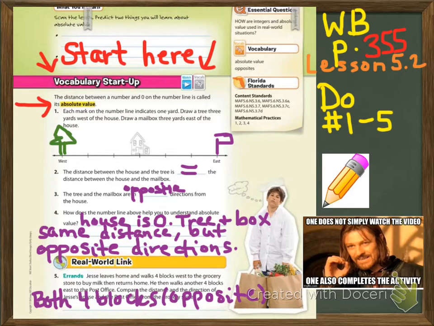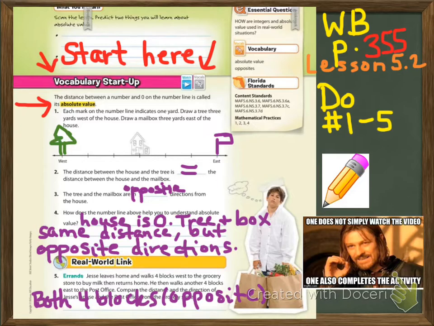Okay, you can see that I answered questions 2, 3, 4, and 5. And hopefully you have something similar in there and realized that really these two objects are drawn equal spaces apart but on opposite sides of the number line.